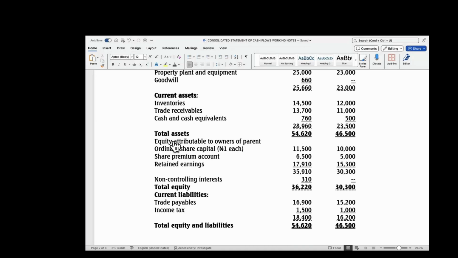The equity side is for retained earnings. The closing balance is 11.5, sir. The opening balance is 10,000.